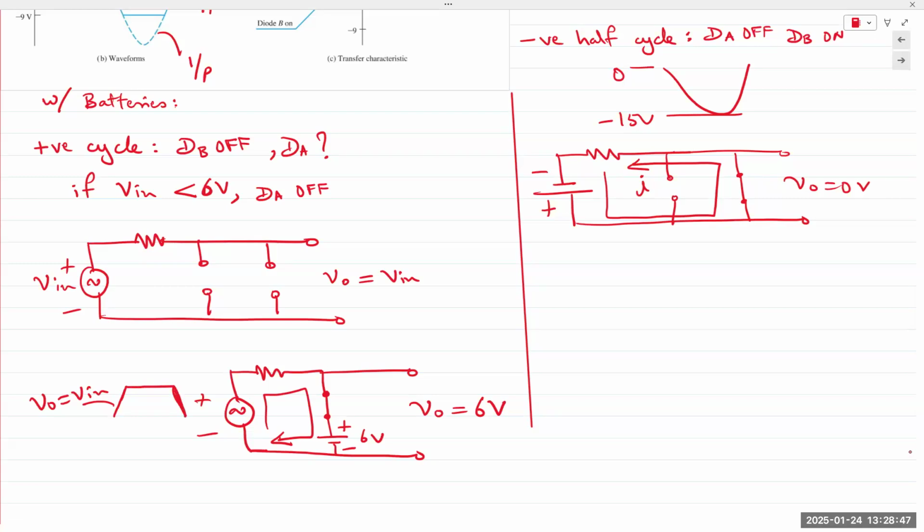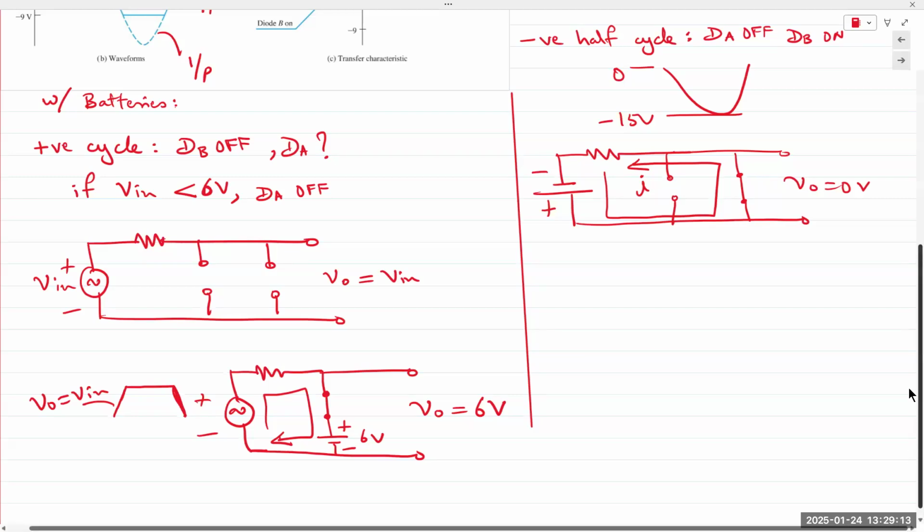And then it drops when V in goes below 6 volts. So here, V out follows V in up to 6 volts. The diode turns on, the battery is connected to the output, so 6 volts output. And as soon as V in drops below 6 volts, the battery is disconnected because the diode is now off, and V out again follows the shape of V in.